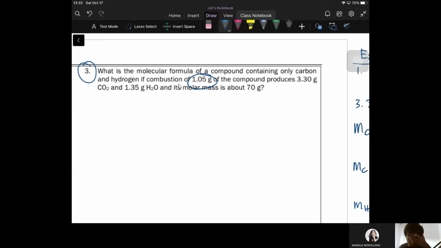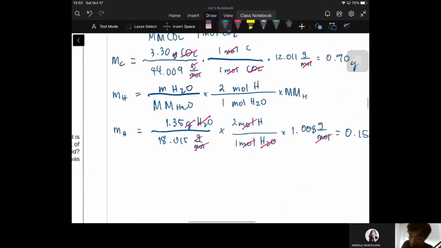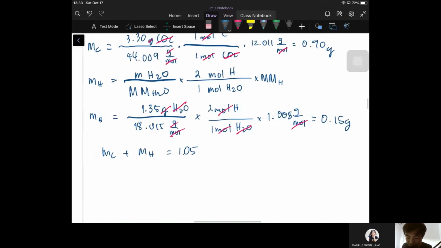Bakit? Kasi sabi dito sa problem, ang compound natin ay carbon and hydrogen lang yung atoms doon. So check natin. So mass ng carbon plus mass of hydrogen must be 1.05.